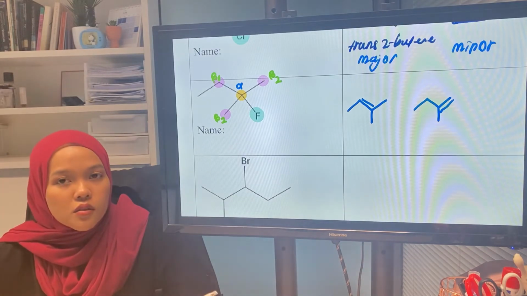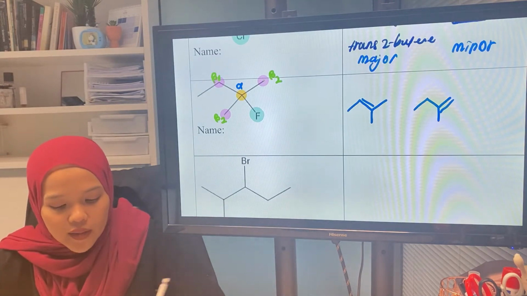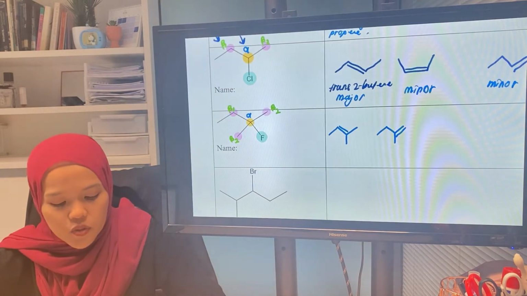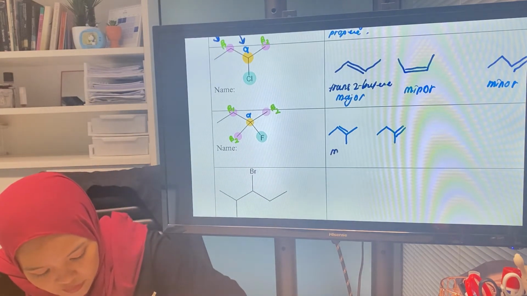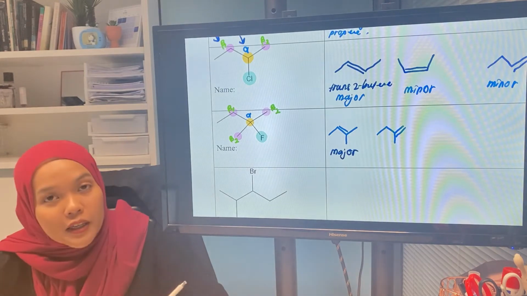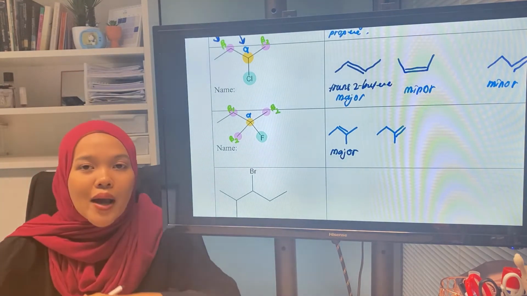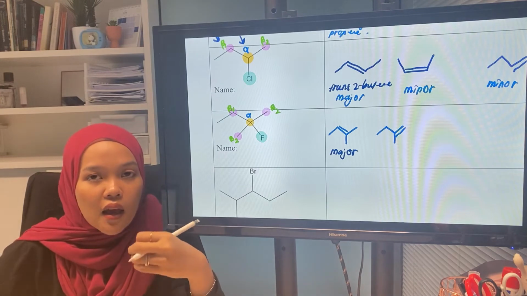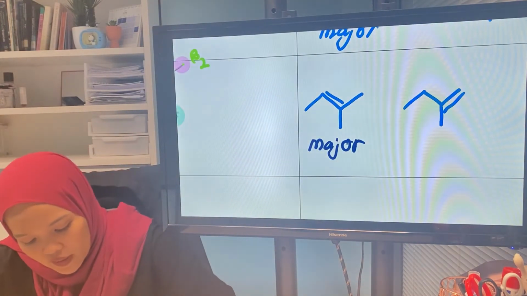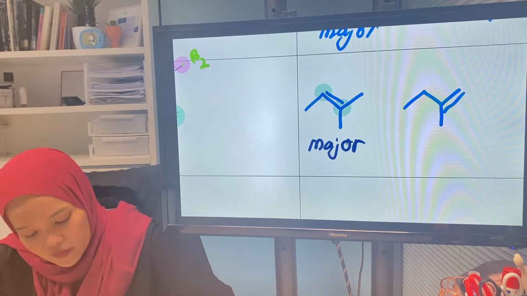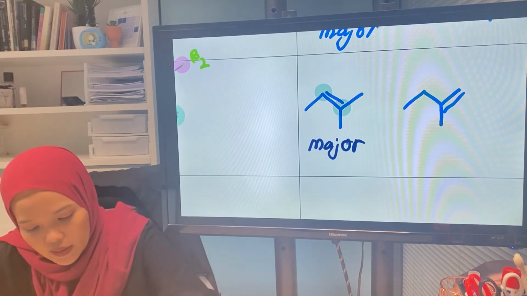Between these 2 products, which one is going to be the major, which one is going to be the minor product? The answer is that this one is going to be the major product because it is more stable. Why is it more stable? Because it has more substituents on the carbon-carbon double bond.